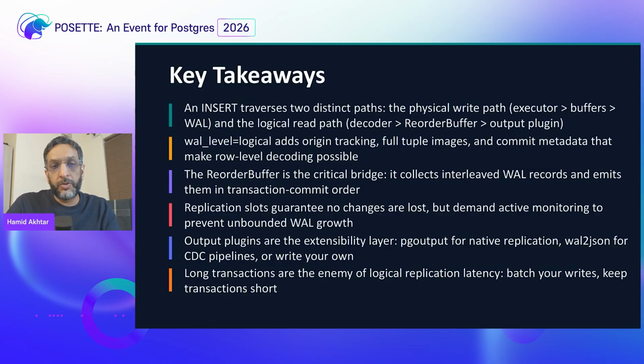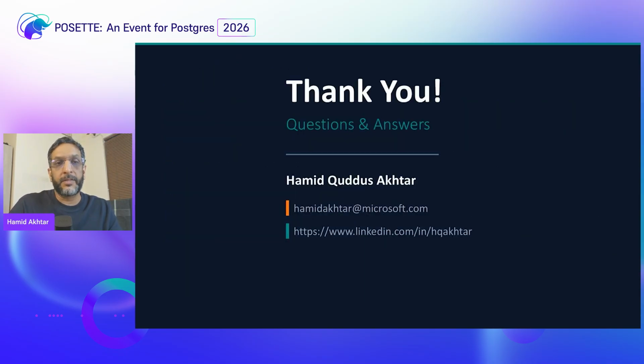Replication slots guarantee that no changes are lost. Output plugin is basically an extensibility layer, which by default provides logical replication. And obviously, like in most observability issues, long-running transactions would be a challenge, and would hold back a lot of this process.